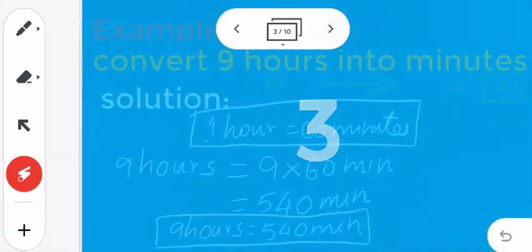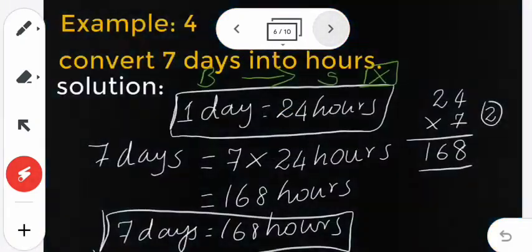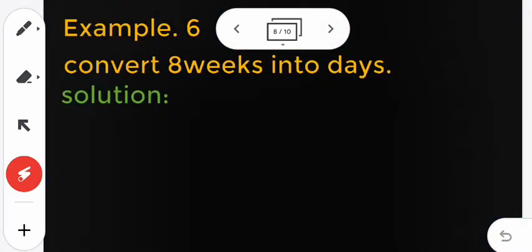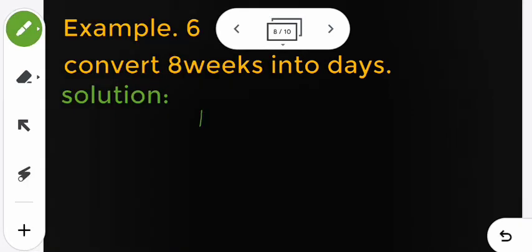So we will take this formula, 1 week equal to 7 days.